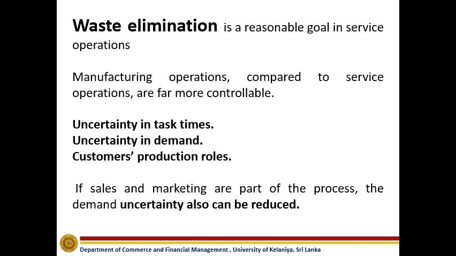Manufacturing operations compared to service operations are far more controllable. Waste can occur on the service side, and also in manufacturing, but the two are different. In service operations there is uncertainty in the task time.